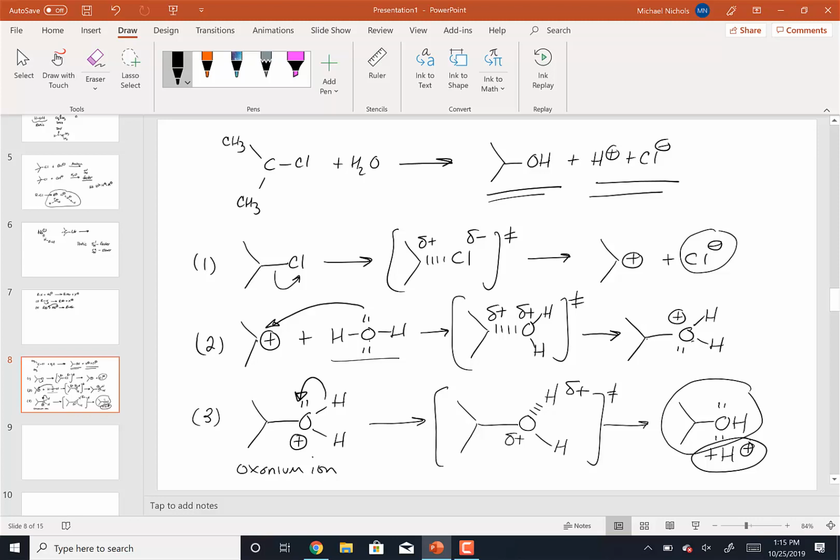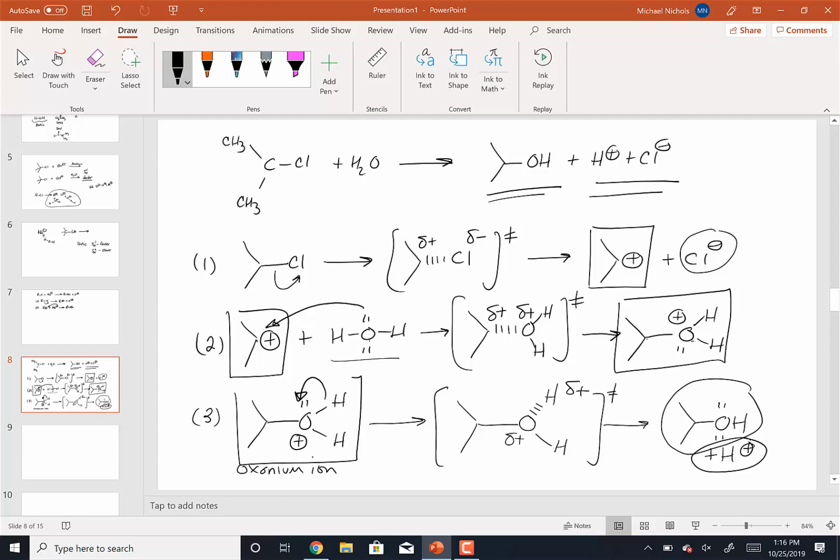And that's a good question, so what's everything else? Well, I formed a carbocation here, right? And what did I do with it? I reacted it. And then I formed an oxonium ion over here, and what did I do? I reacted it. So that's the definition of the intermediate.